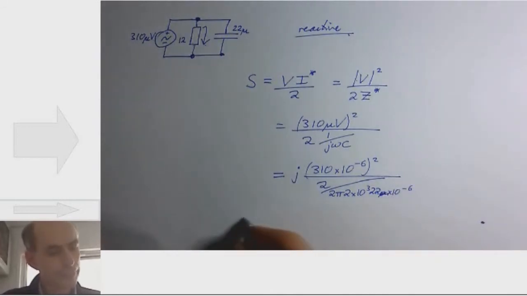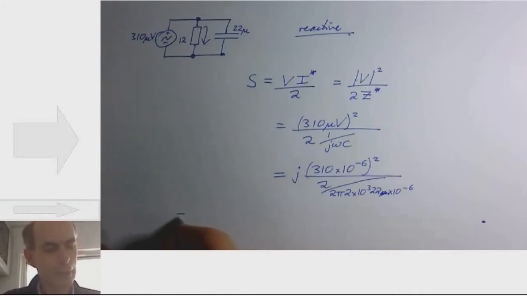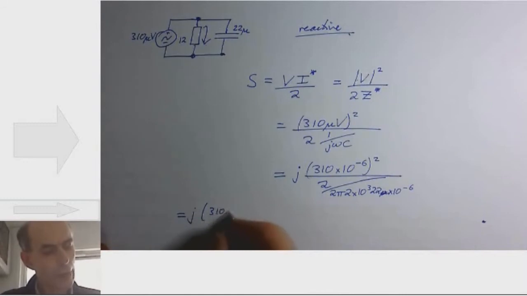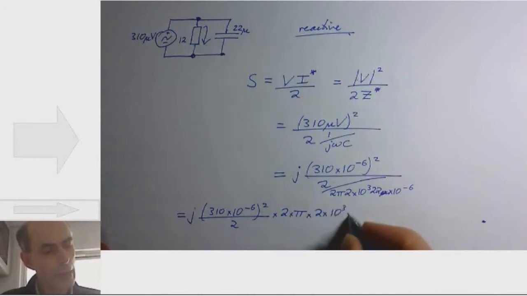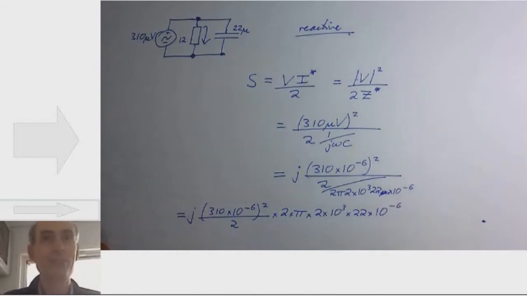That gives me j times 310 times 10 to the minus 6 squared, over 2, bring this lot up here, times 2 times pi times 2 times 10 to the power of 3 times 22 times 10 to the power of minus 6.